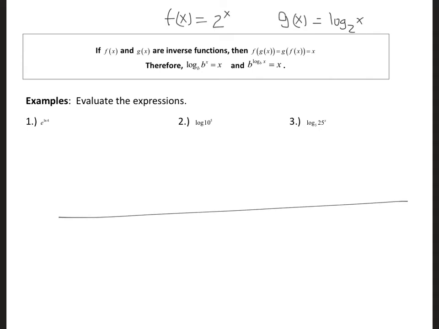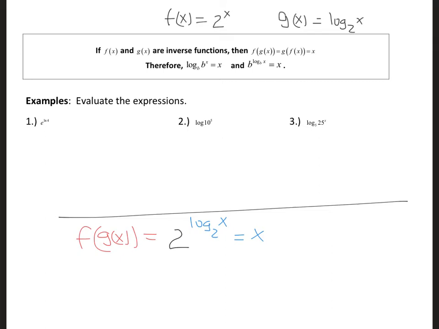And I'm going to do some work down here, just some review. Remember, if I do f of g of x, that is the same as taking the f function, and instead of x, I'm going to plug in logarithm to base 2 of x, which is the g of x function. And since these two are inverses, I should get x.